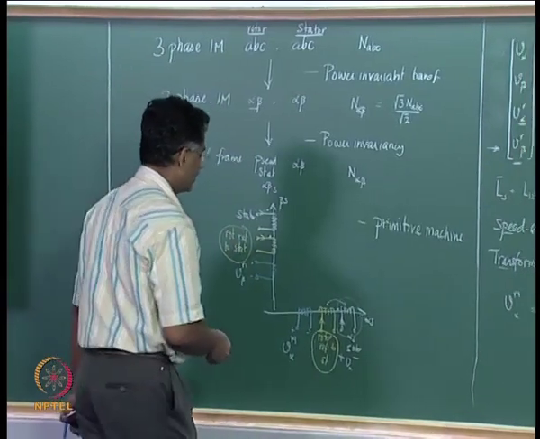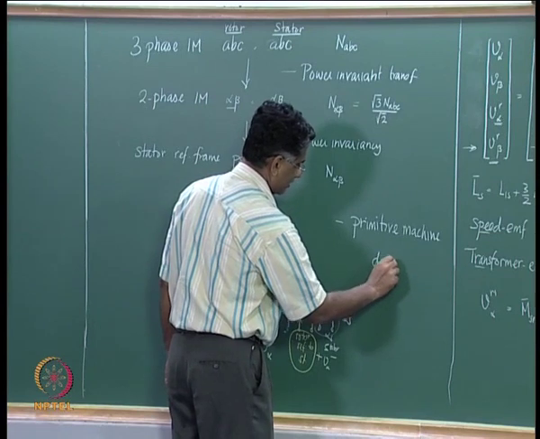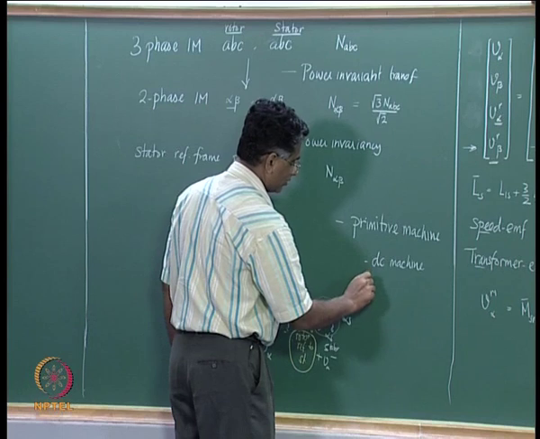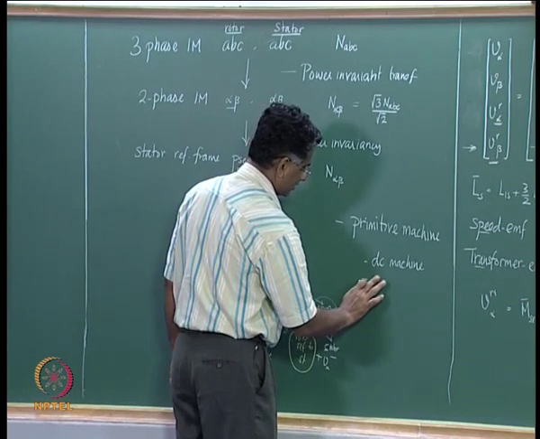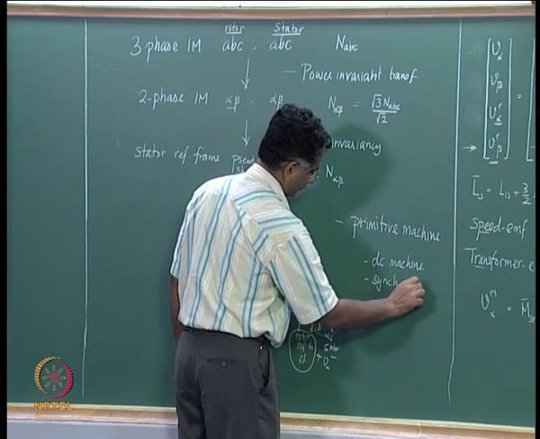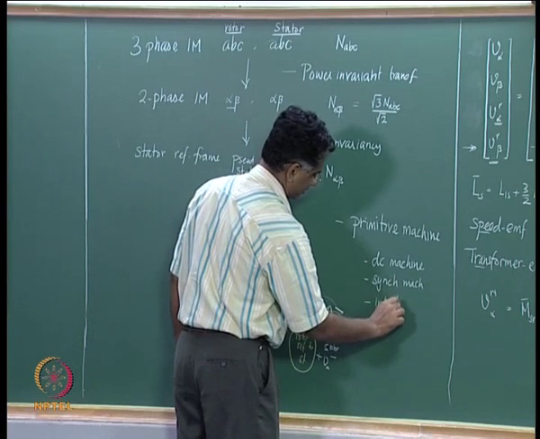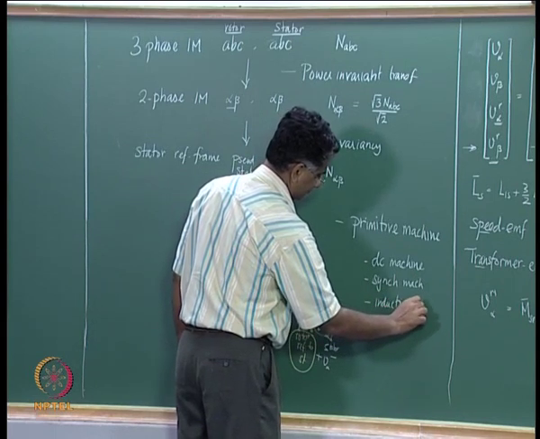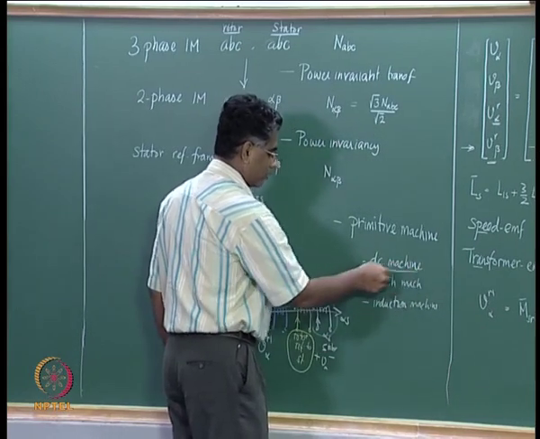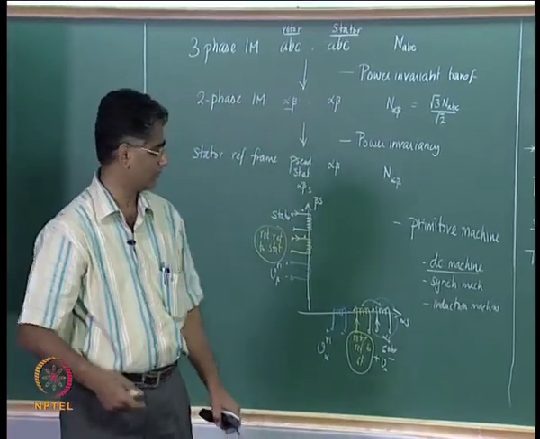For example, this machine can also be used to describe a DC machine. It can also be used to describe a synchronous machine. It can also be used to describe an induction machine. And we know that if you look at a DC machine, DC machines are again of various varieties.